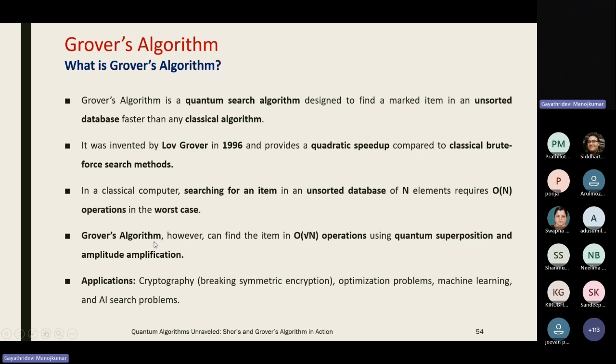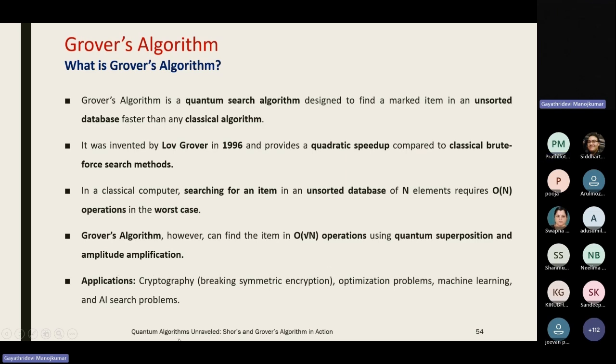For example, if I have 100 items, I need to do 100 comparisons to search for an element. But in the case of Grover's algorithm, we can find it in the order of root n, right? This can be done with the help of quantum superposition and amplitude amplification.